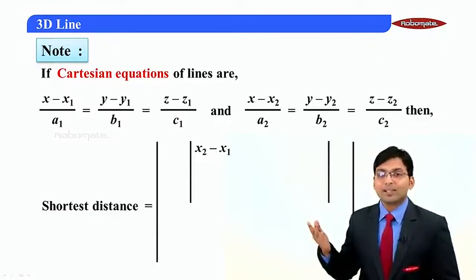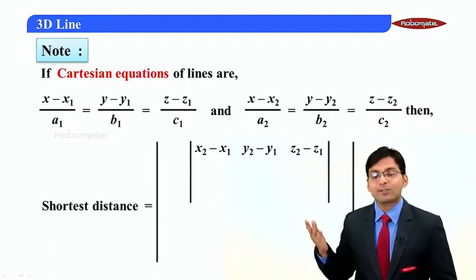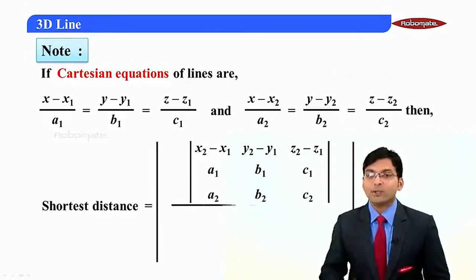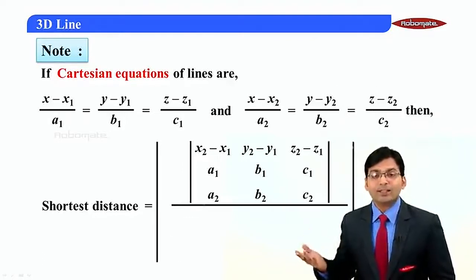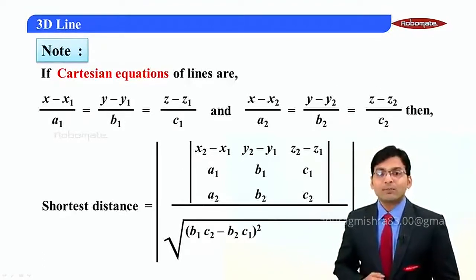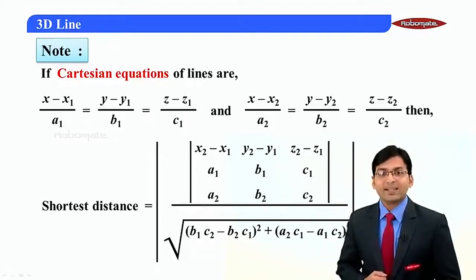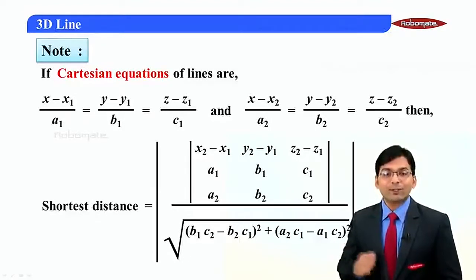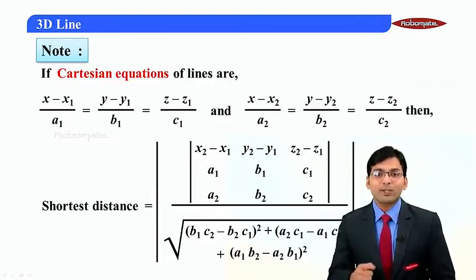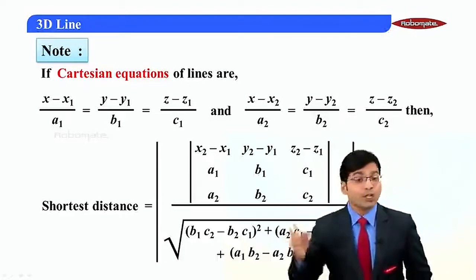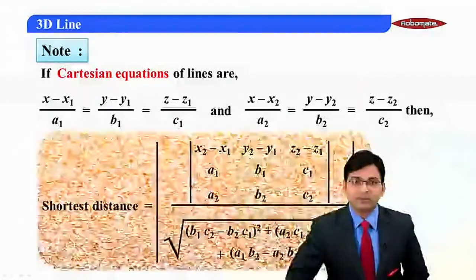The determinant says x2 minus x1, y2 minus y1, z2 minus z1, a1 b1 c1, a2 b2 c2, and the denominator is under a square root. It is given by (b1 c2 minus b2 c1) the whole square plus (a2 c1 minus a1 c2) the whole square plus (a1 b2 minus a2 b1) the whole square. So this expression is used when Cartesian equations are given.